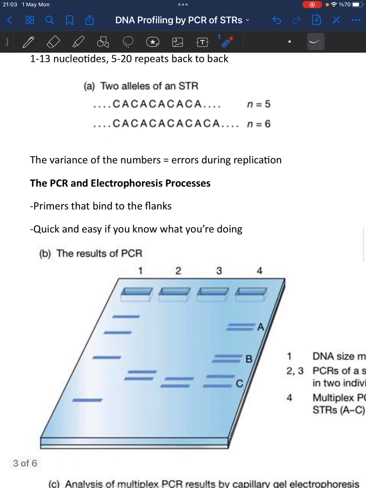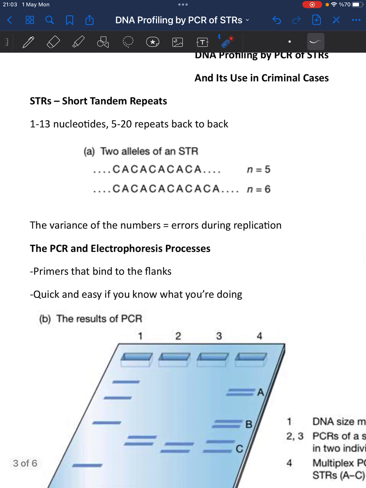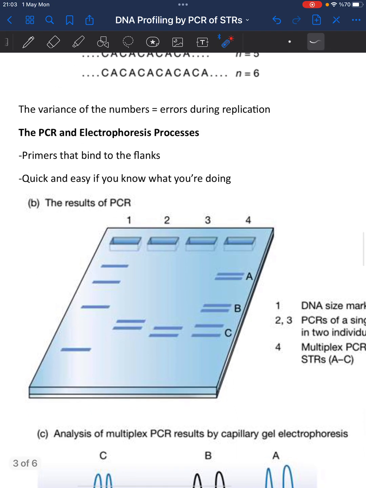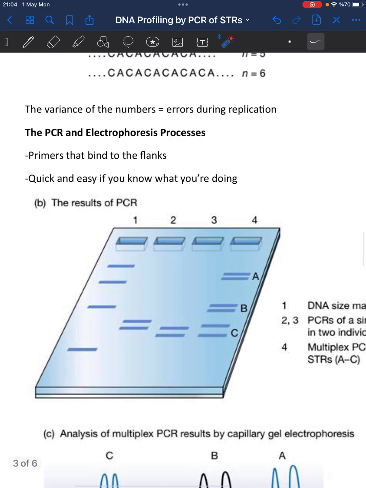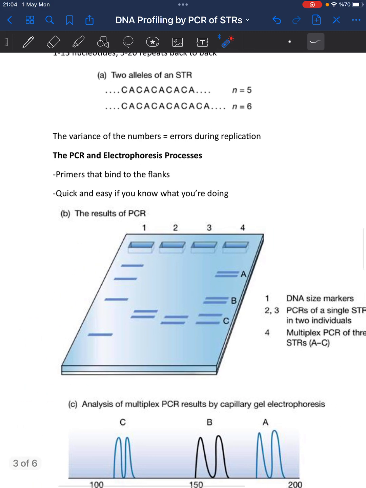During the PCR process, the primers are used that are aligned with the flanking regions of these STRs. And if you know how to do PCR, it's a really quick and easy thing.